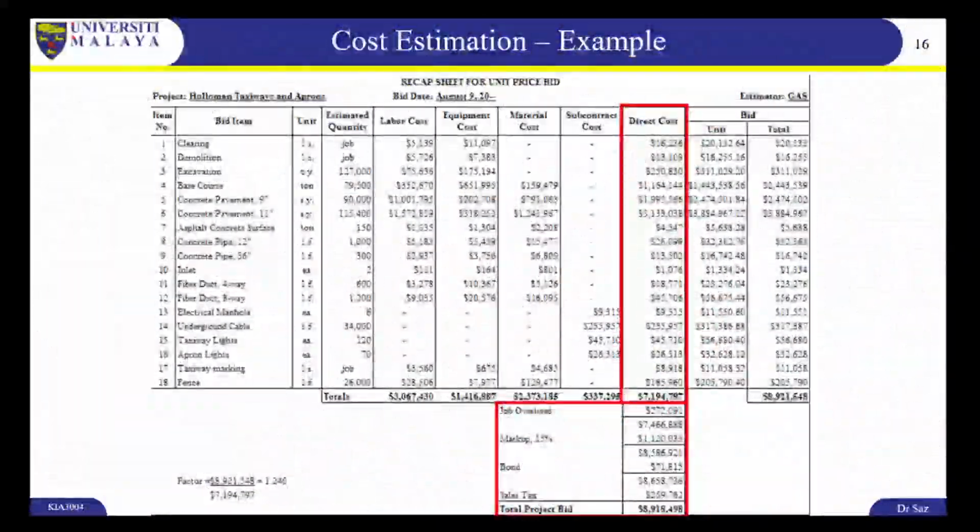This is an example of a cost estimate. Ignore all the different numbers. What I want you to look at is this column right here, direct cost. The total at the bottom here is the sum of all of these numbers at the top. Now, we take our job overhead and add it to our total.